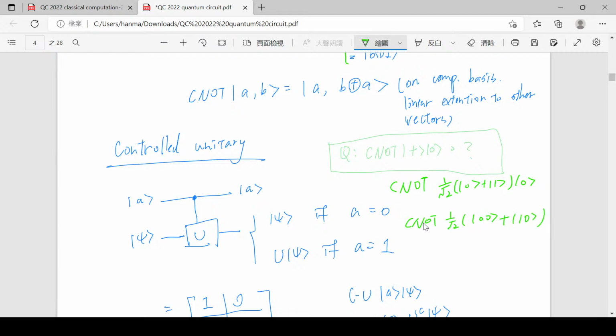And we say C naught is a linear operator, so we can pull out this 1 over square root 2 and have C naught apply on both of them. So C naught 0, 0 plus C naught 1, 0.